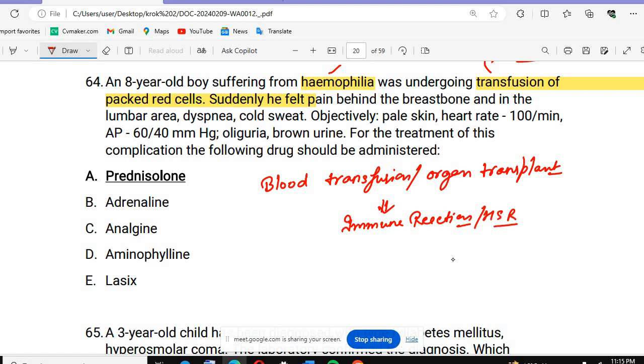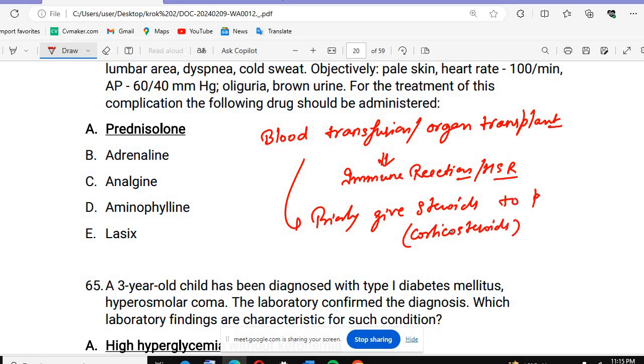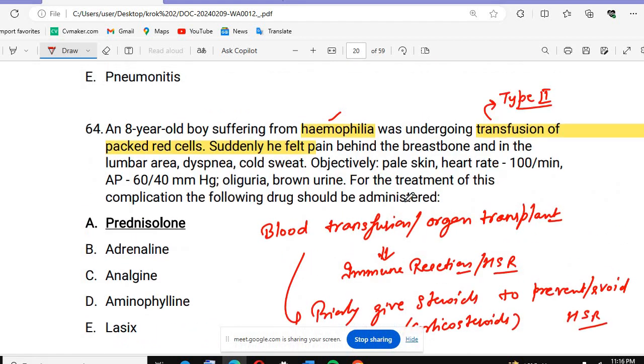So in those conditions we give the patients corticosteroids beforehand, to prevent or avoid hypersensitivity reactions.